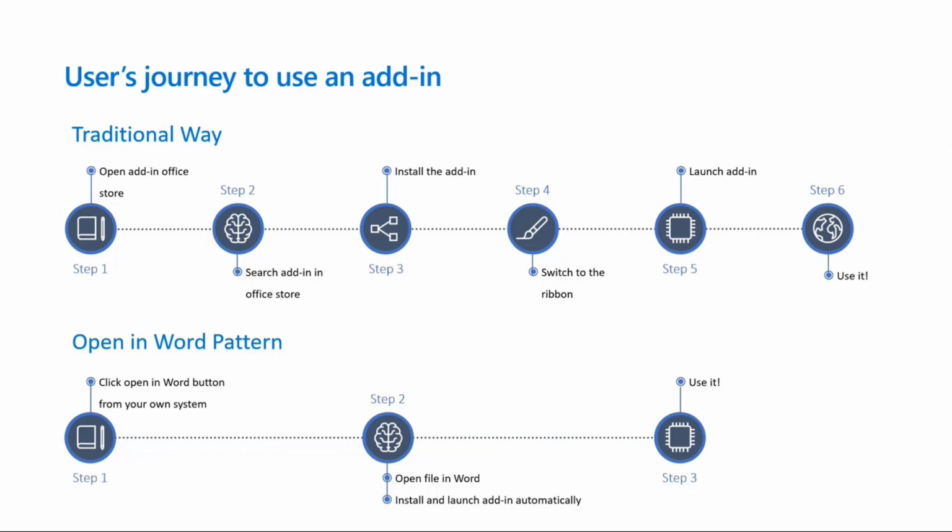If you take a look at the open in Word pattern at the bottom, the user clicks on a Word button from your own system, and then the file opens. After that, the add-in will be automatically installed and launched in the user's document. So this is the simple path.